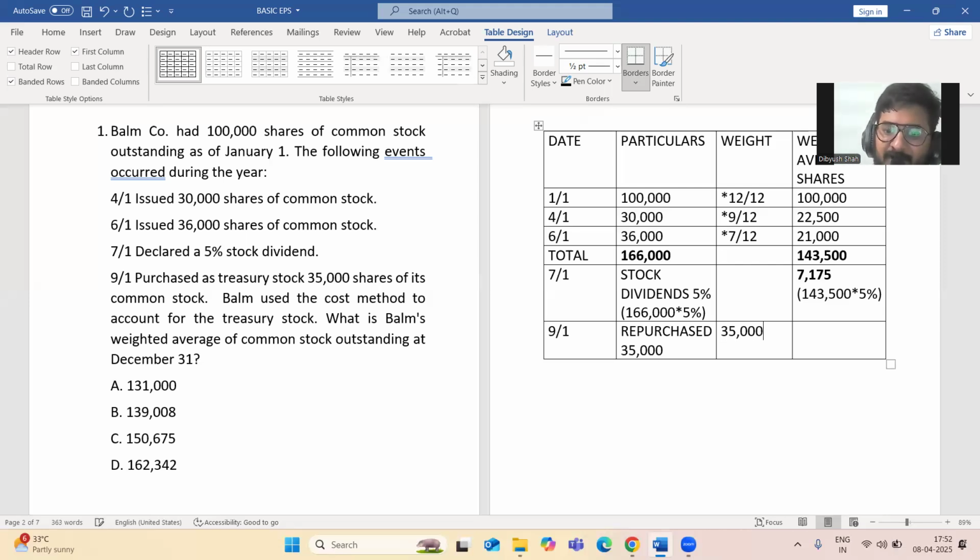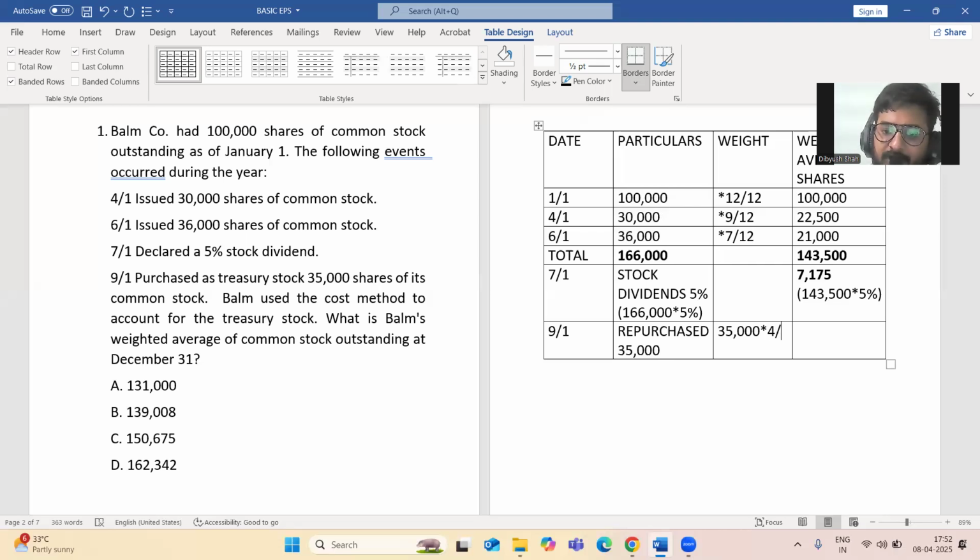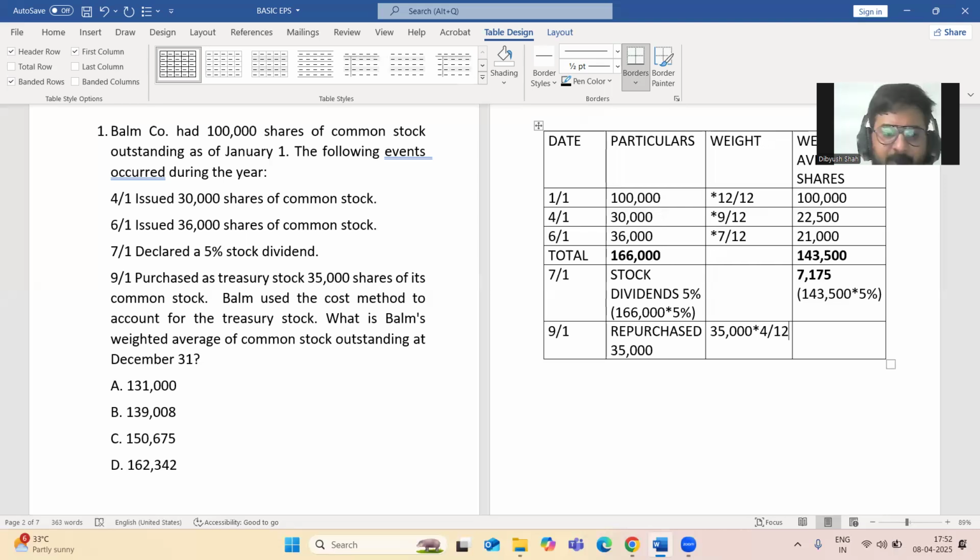So this is 35,000 into 4 divided by 12. Of course, this is a subtraction because these shares are not outstanding in the hands of shareholders anymore. They are held by the company in its own name. So 35,000 into 4 divided by 12 makes it 11,667.